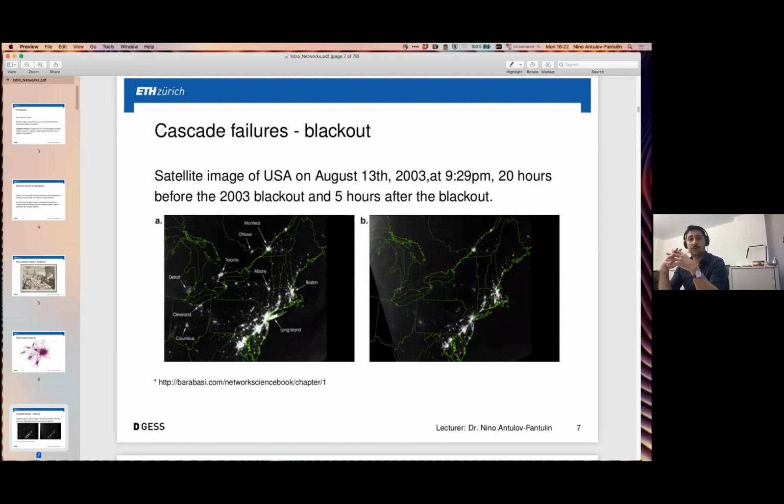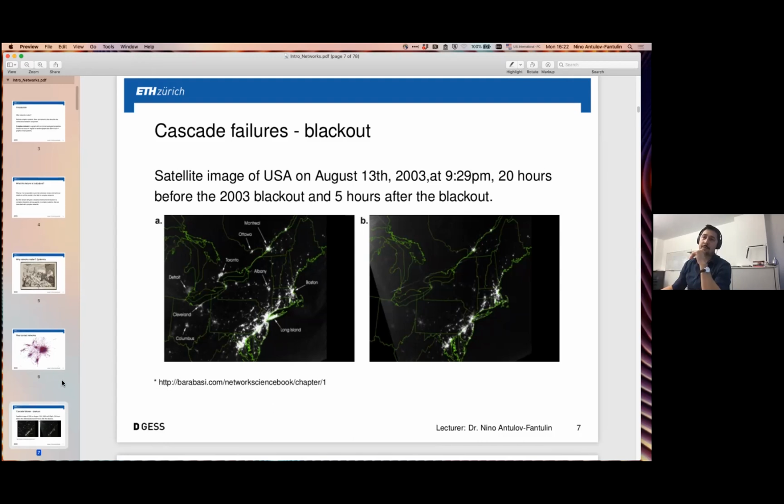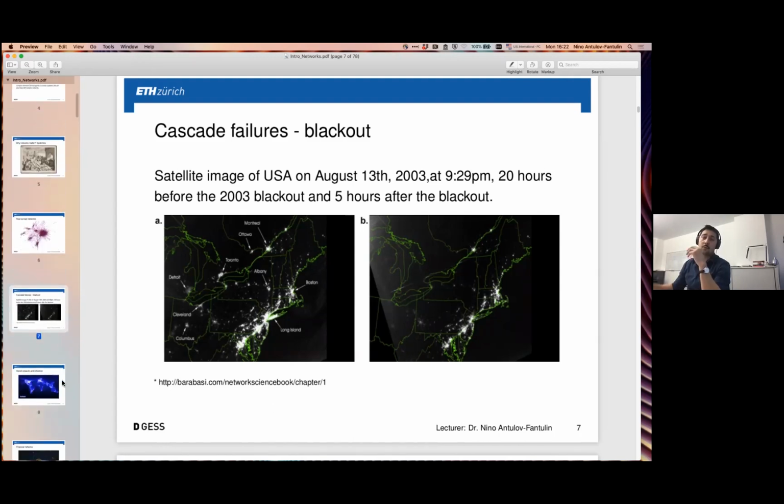This image tries to motivate something called cascade failures in networks. They are one of the prototypical examples of the dynamics that can happen, meaning that when one electricity node fails due to overload, it can cascade to its neighbors. In this way, we have a cascade process.